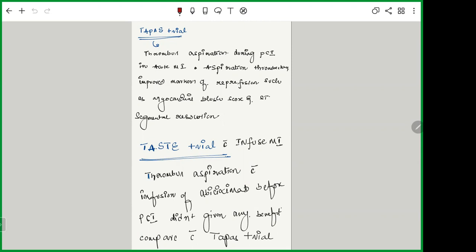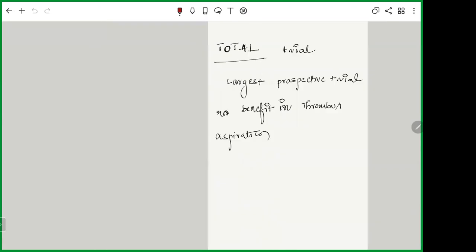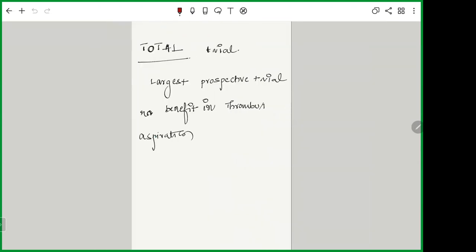They compared with TAPAS, and TAPAS said that it is inferior. Thrombus aspiration with infusion of Ebixaban before PCI didn't give any benefit compared with the TAPAS trial. These are all negative trials. TAPAS is the only trial which shows a positive result. And the largest prospective trial is the TOTAL trial, which showed no benefit of thrombus aspiration.